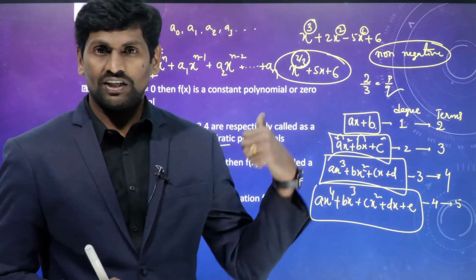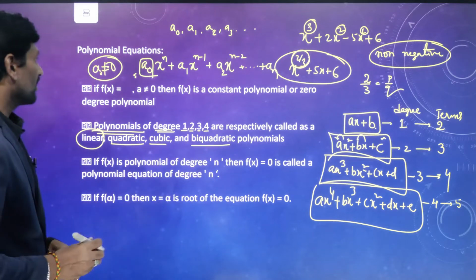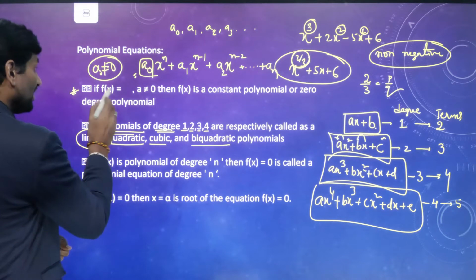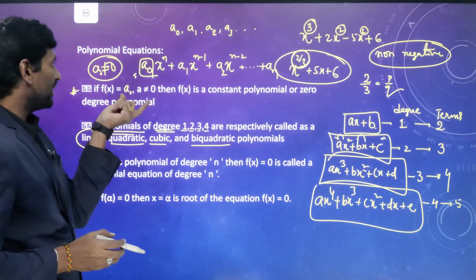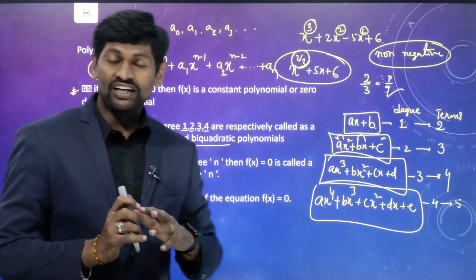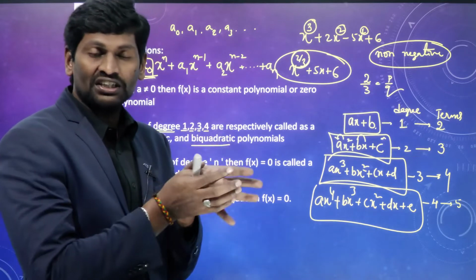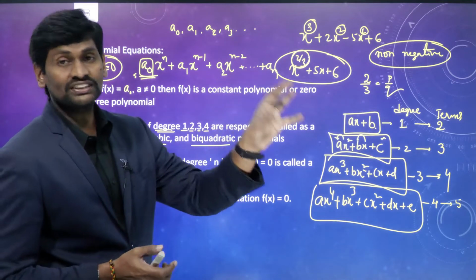Now, if a polynomial f of x is equal to a naught only, meaning only the first term with no x power n, that is nothing but a coefficient. That polynomial is called a constant polynomial.